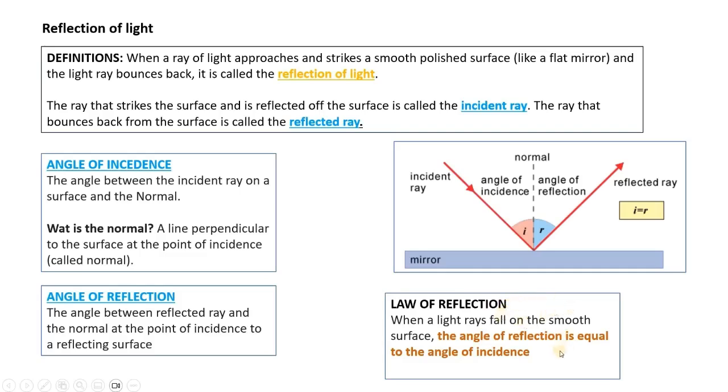It simply says that the angle of reflection is always equal to the angle of incidence. Mathematically we can say that I is equal to R.